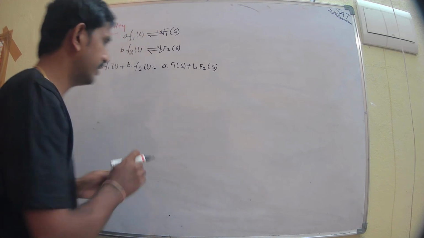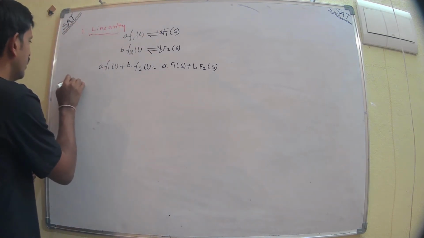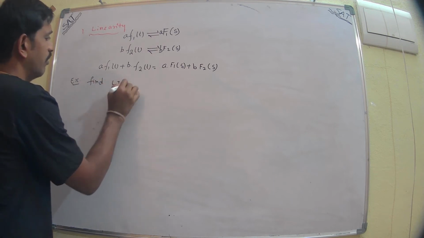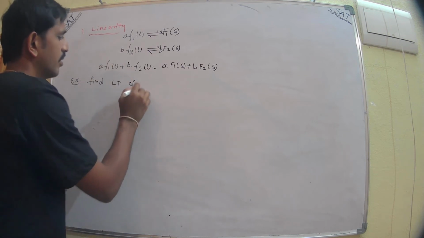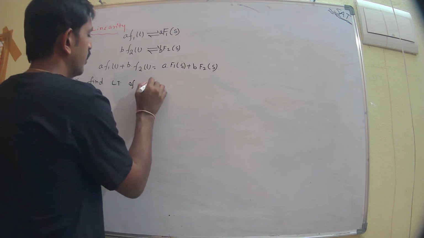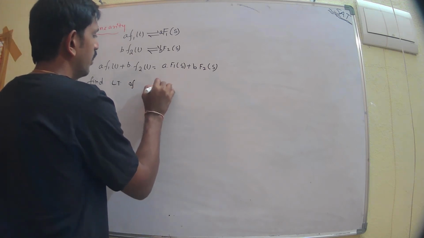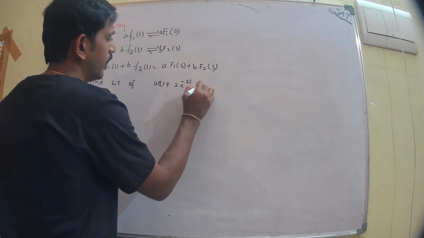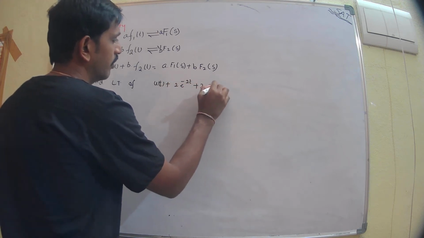Let us take a simple example. Find the Laplace transform of the function u of t plus 2 into e power minus 2t plus 3 into sine of 3t.